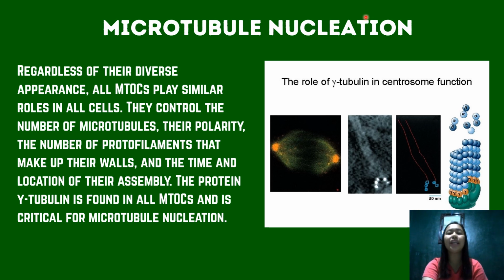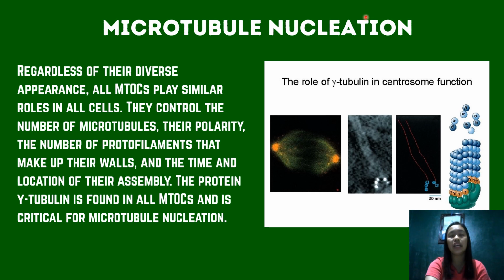Ang gamma tubulin ay bumubuo ng maliliit na bahagi ng kabuuang protein ng cells, ngunit mahalaga sa pagsisimula ng microtubule assembly. So, sa loob ng pericentriolar material or PCM ng centrosomes, bumubuo rin ng ring-shaped complexes ang gamma tubulin or γ-TuRCs na nagiging templates para sa microtubule nucleation.